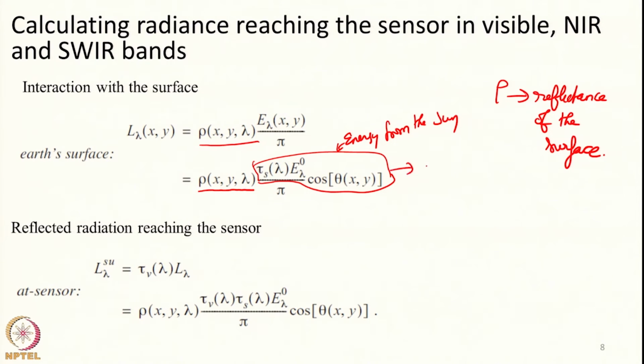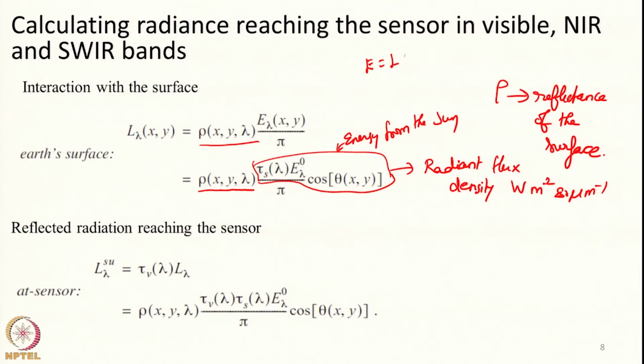Till now we are talking in terms of radiant flux density, that is per meter square, per micrometer. Whereas whenever energy leaves the surface and reaches a sensor, we need to calculate radiance. The term we are interested in is radiance, assuming the surface is Lambertian. We also studied what a Lambertian surface is in previous classes. So, for Lambertian surfaces, E is equal to L pi.